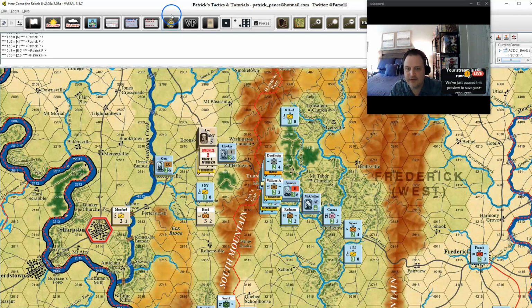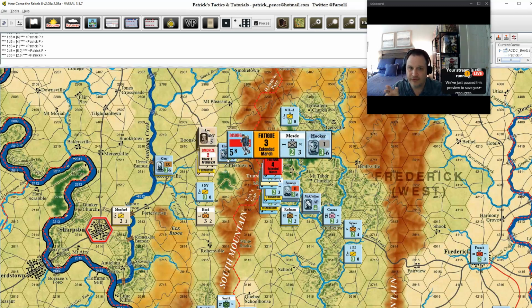The other thing, if we were doing this on the table, is we'd go around to every single one of the divisions and you would subtract 3 levels of fatigue from those units. So for example here, Doubleday, let's say he was actually at fatigue level 4. That means on the next day, he's going to start at fatigue level 1. So he's already tired and partially fatigued from the previous day's activities. So that is oftentimes the result of these combats.